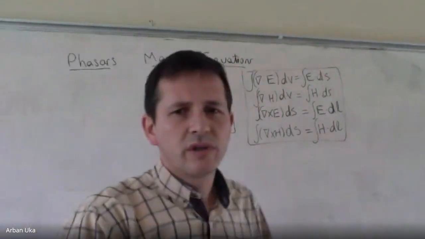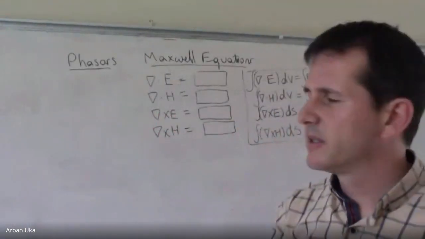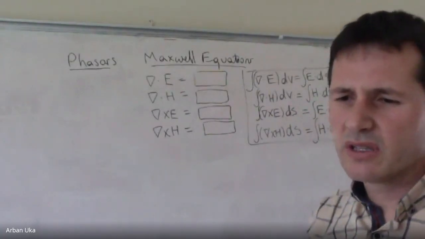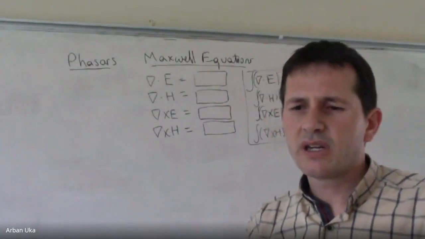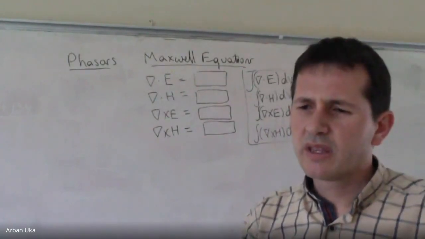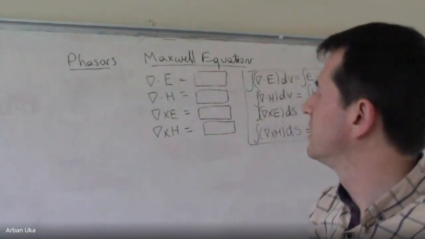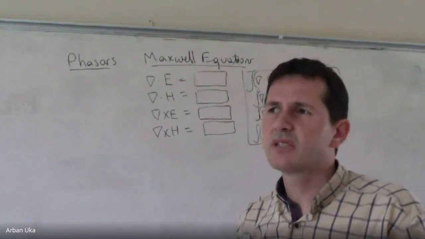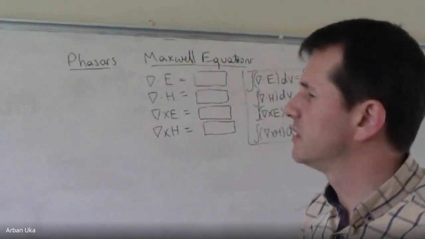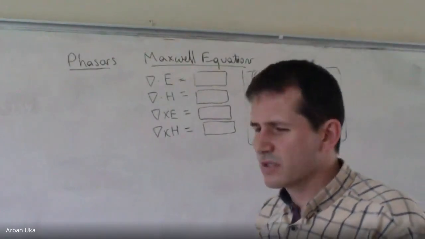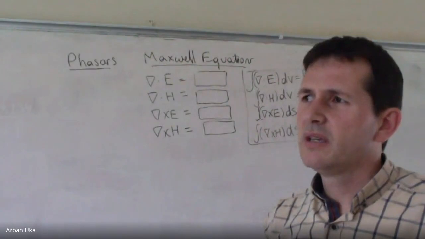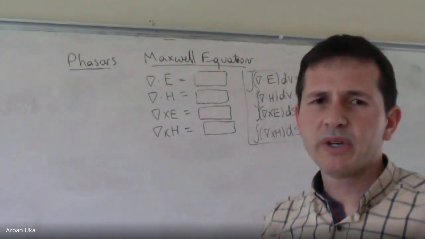Then we have also the third notation, which we use when the electric field or the magnetic field are not in a static condition, which means that they are changing as a function of time. Then we can use the phasors, and it simplifies them and makes it much easier when we operate with them. The phasors remove the time dependency.